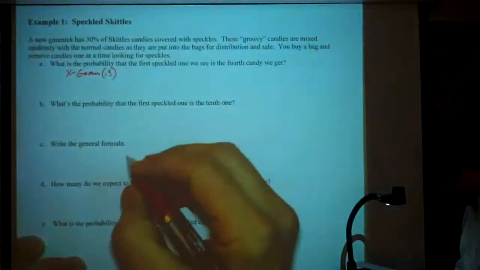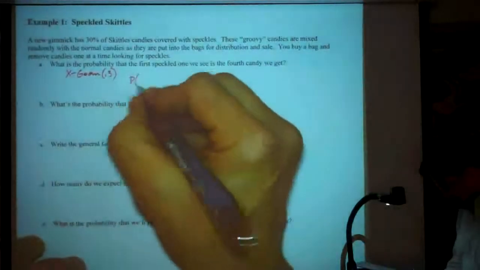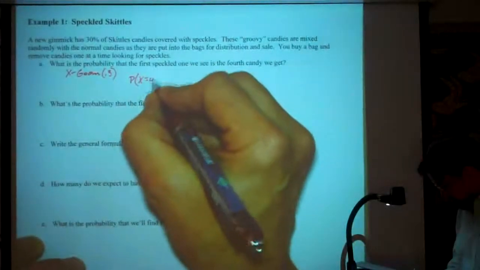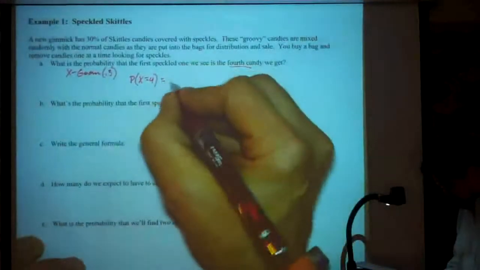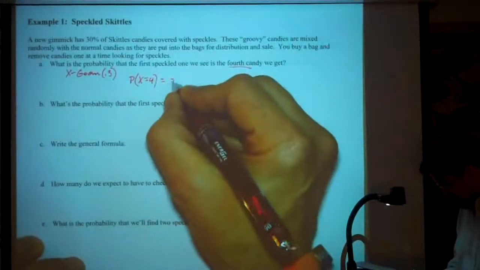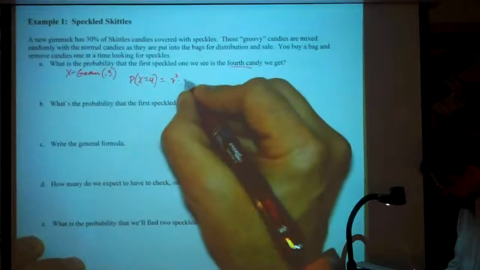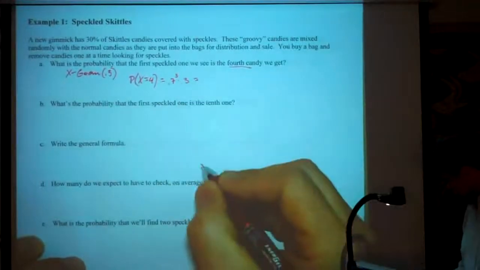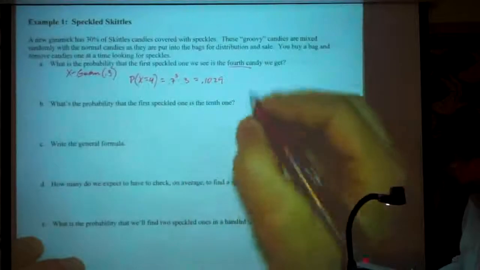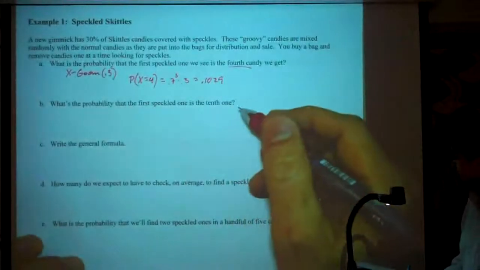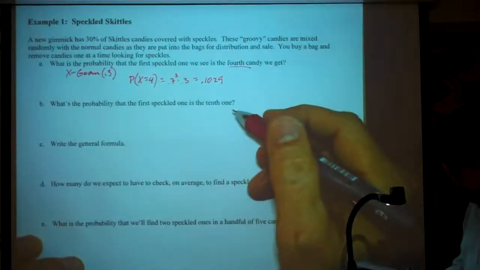And so the probability that X equals 4 is going to be the probability of failure, 0.7, to the third power, times the probability of success. And that's going to be 0.1029. So there's about a 10% chance that the very first speckled one we see will be the fourth candy that we get.